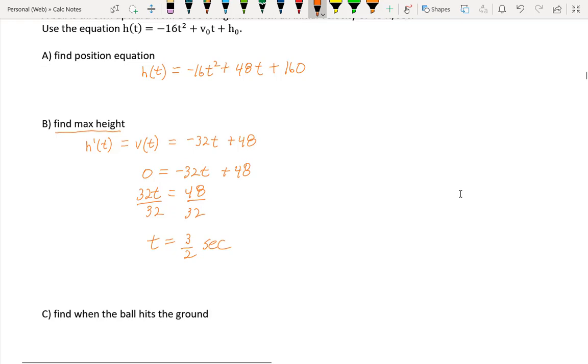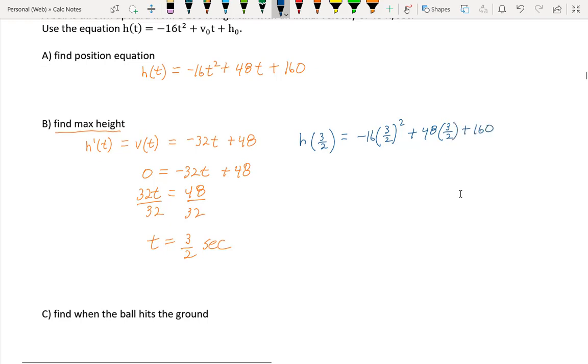So for me to find the max height, I got to plug this in. And so now I've got some work to do. So I go back to my height function, not my velocity function, my height function, and I need to find h of 3/2. So here we go. We get negative 16 times 3/2 squared plus 48 times 3/2 plus 160.